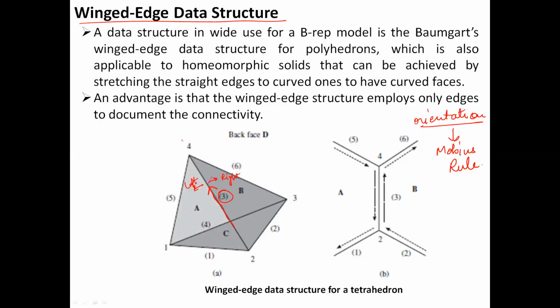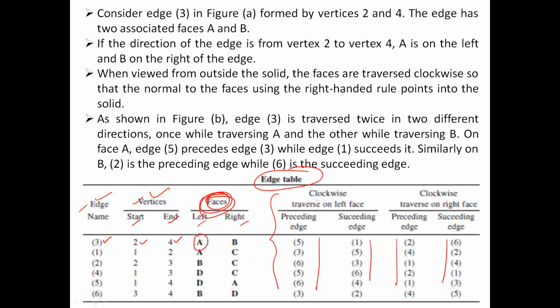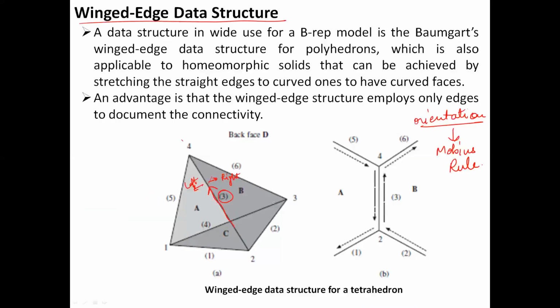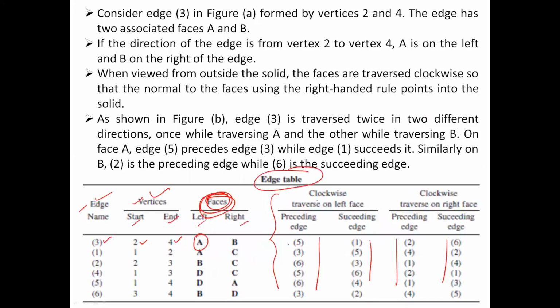So which face is on your left side? Yes, A is on your left side, very correct. Now, which face is on the right side? B, exactly. So B is on the right side.